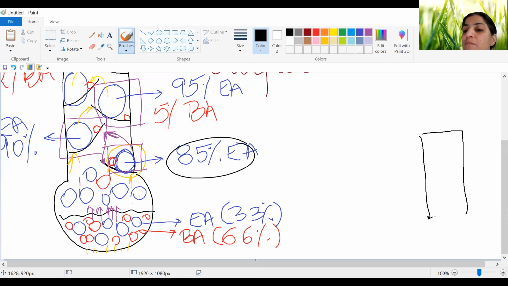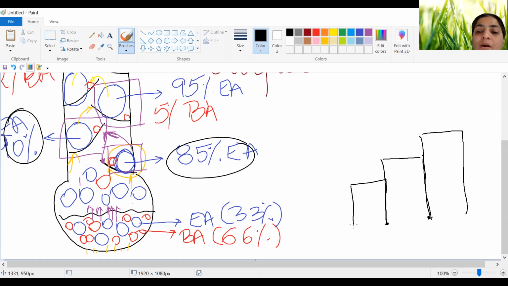You take the same composition, you heat it, you cool it, and then you observe that now you have a new composition of ethyl acetate. You again heat it or evaporate it, you cool it or condense it, and then obtain a different composition.